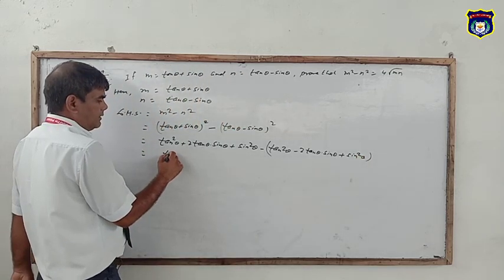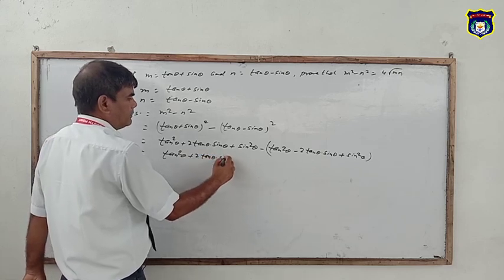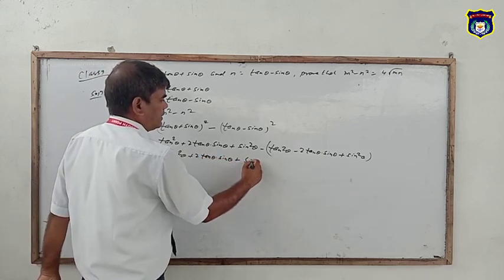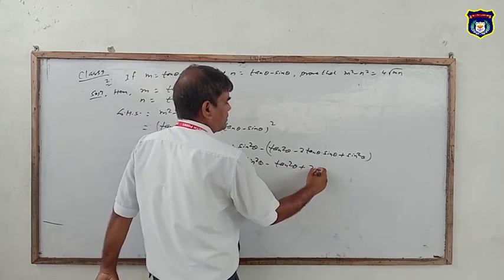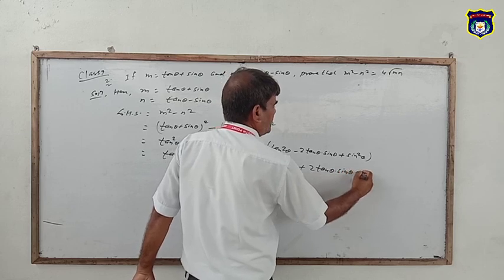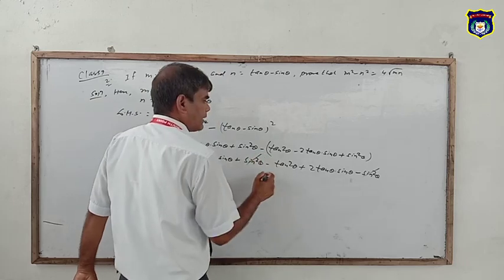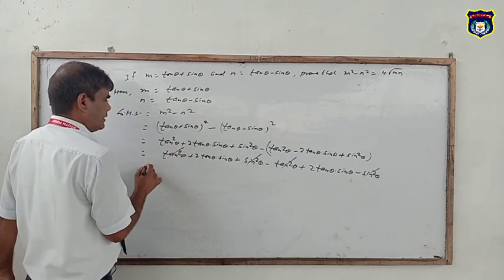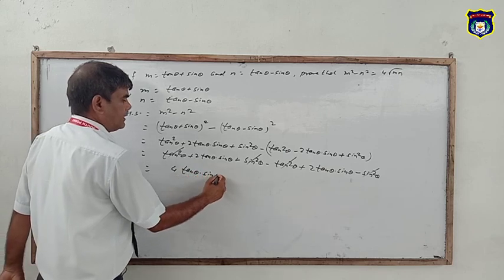So this is tan square theta plus 2 tan theta sin theta plus sin square theta minus tan square theta plus 2 tan theta sin theta minus sin square theta. Sin square cancels, tan square cancels. This is 4 tan theta into sin theta.